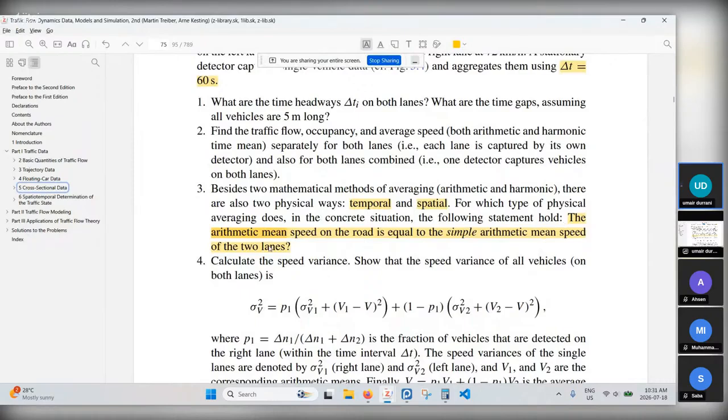The statement again was: the arithmetic mean speed on the road is equal to the simple arithmetic mean speed of the two lanes. This arithmetic mean speed will be the space mean speed. If we can estimate the space mean speed, then the arithmetic mean over the two lanes is going to be the simple arithmetic mean of those two lanes' space mean speeds. In that case, this statement will be true.